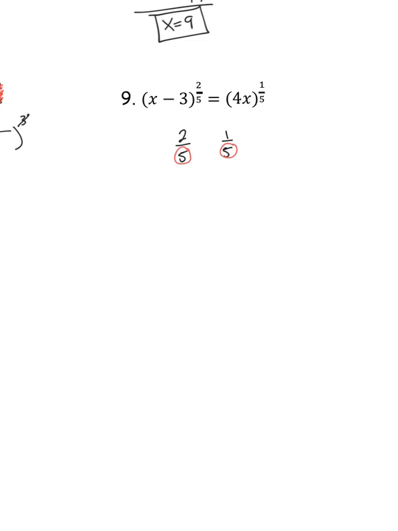So if I were to multiply 2/5 by 5/1, I'm going to get rid of the fraction piece. These would cancel, and this would become 2/1, which is just 2, okay? If I did 1/5 and multiplied that by 5, or you can think of it as 5/1, everything would cancel and I'd be left with 1.